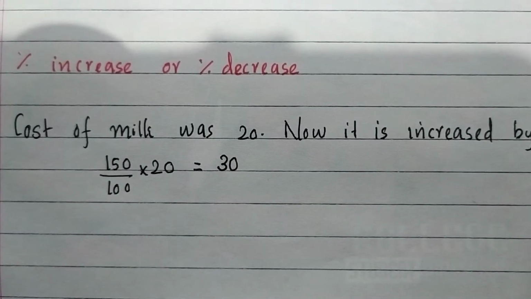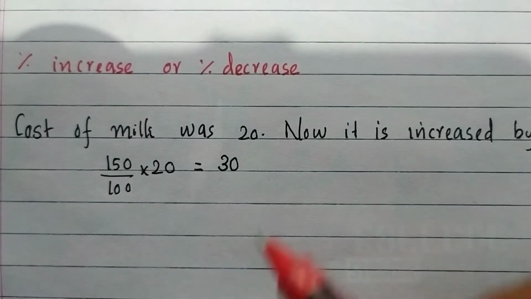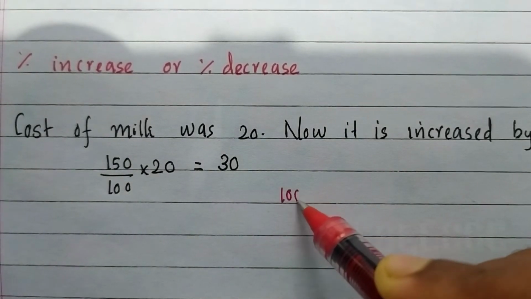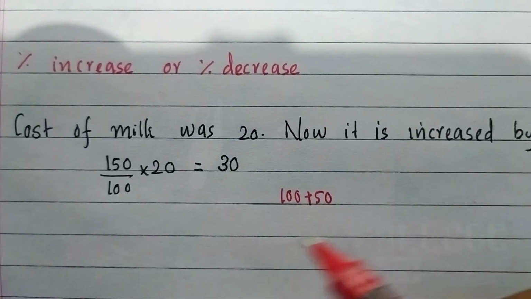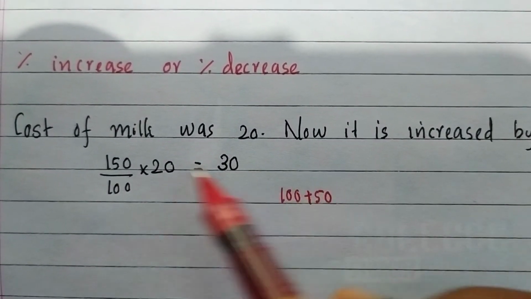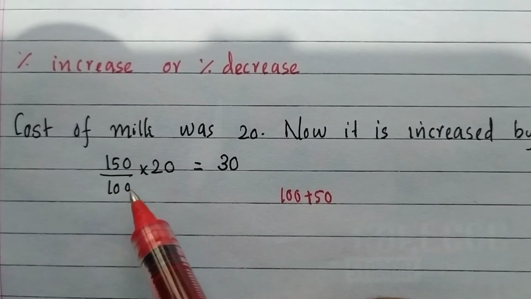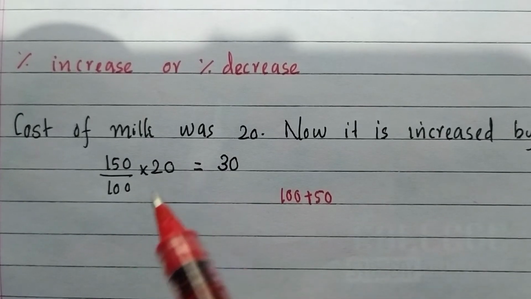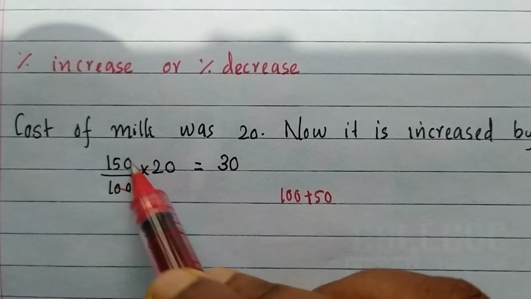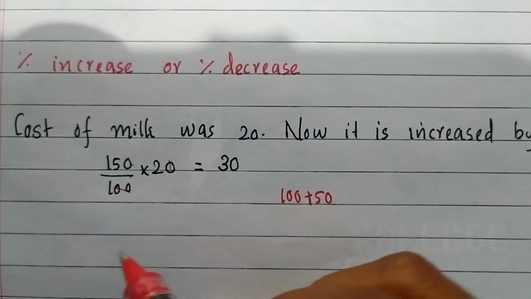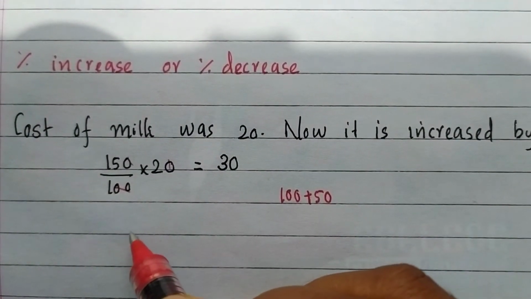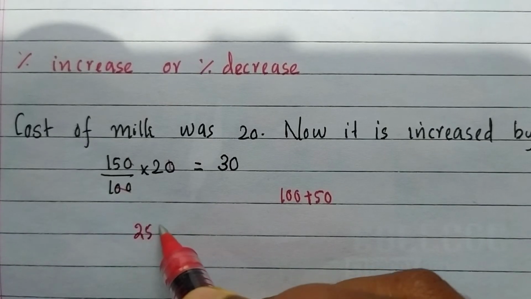Increased by 50% means 100 plus 50, so the new price will be 150%. 150 by 100 into 20 is 30. What if the cost is decreased by 25%?